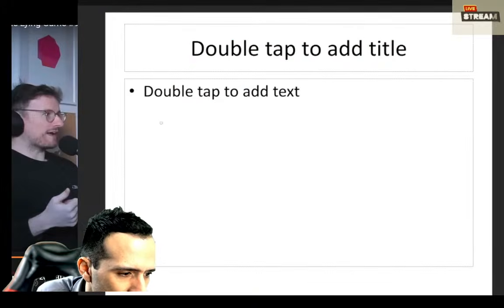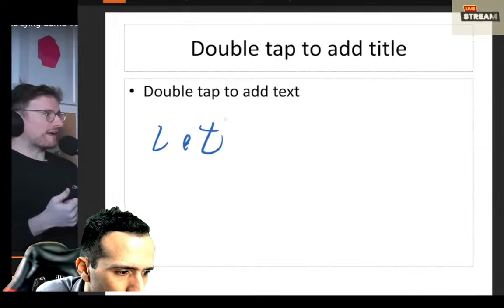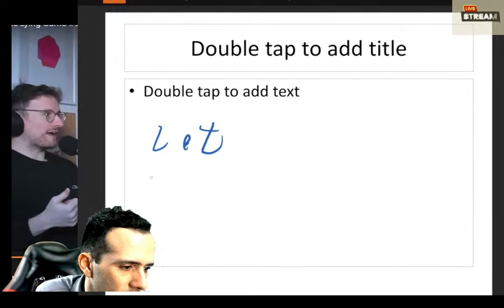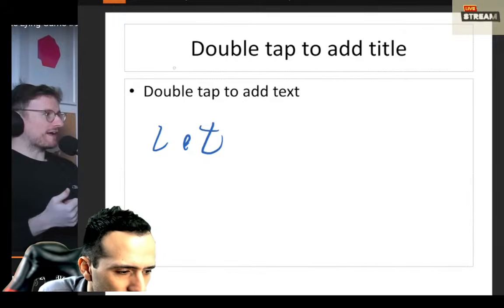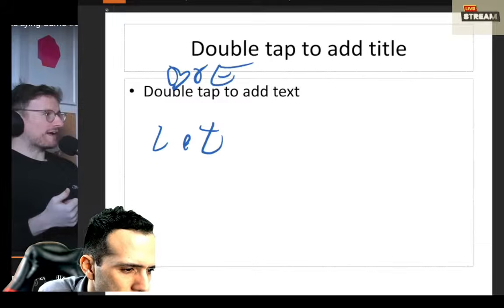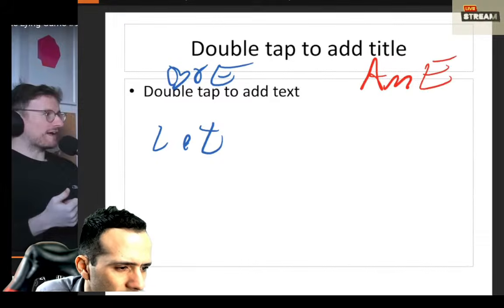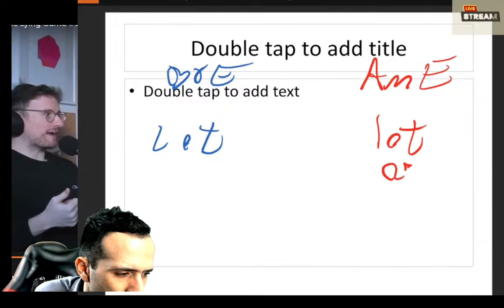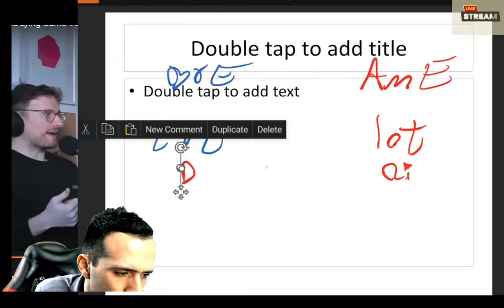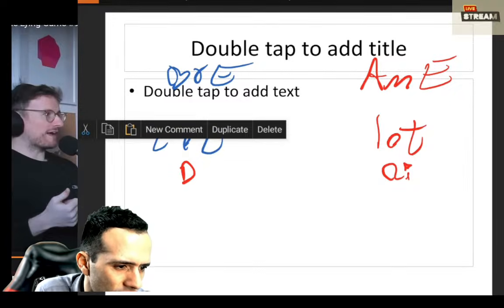You get, for example, lot in British English, and American English, you pronounce it differently. You say lad, lad, with this R, a lad, but the British will say lot.